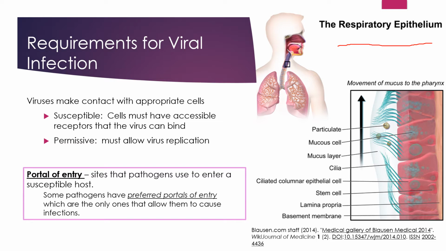As you can see from this diagram, the respiratory epithelium is made up of a single layer of ciliated epithelial cells supported by a basement membrane. The basement membrane is on the far right of your slide here. I won't waste your time by trying to color it completely, but hopefully you get the idea of where it is.